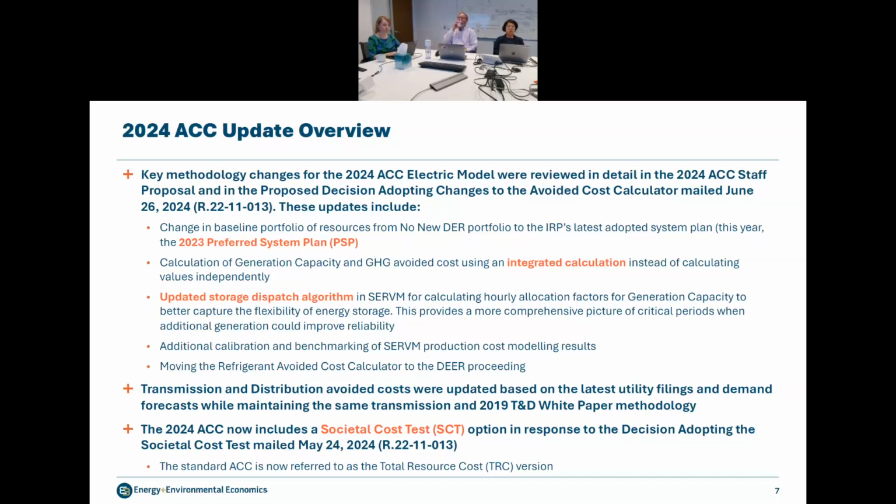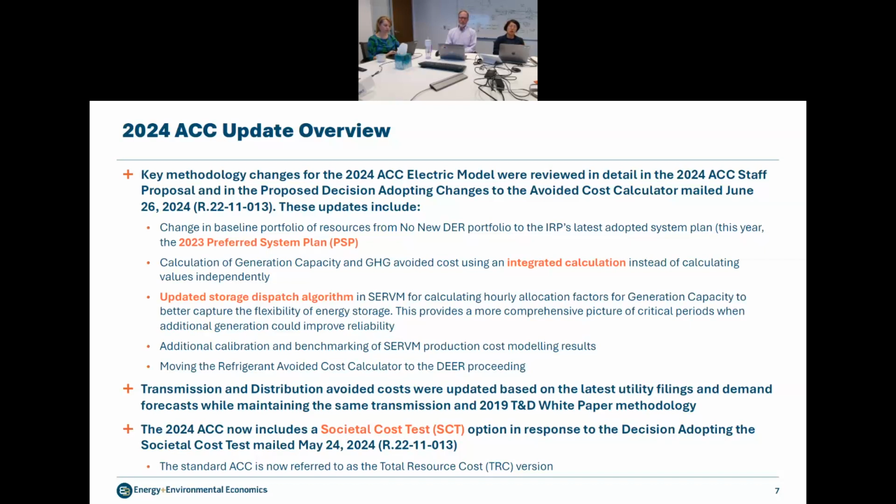In terms of the transmission and distribution avoided costs, there was no methodology change. We made a few updates on the data and made sure that the methodology is aligned with the 2019 distribution white paper methodology. And finally, starting in this cycle, the 2024 ACC now includes a societal cost test, or SCT, option.